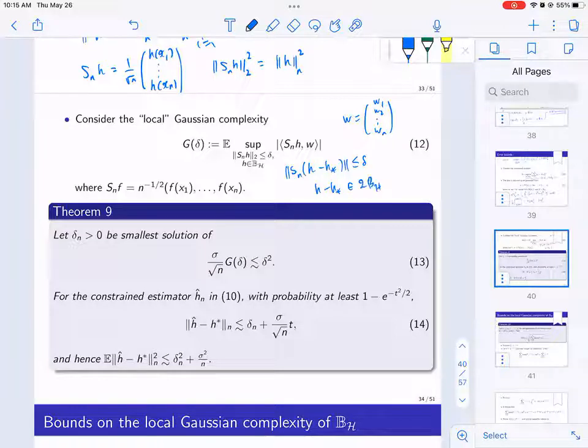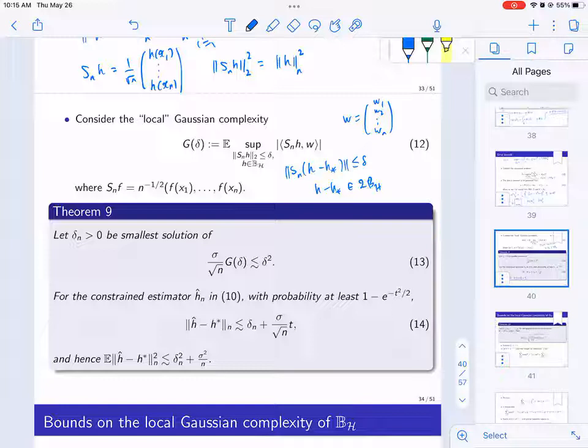If h is in the Hilbert ball, because h star is in the Hilbert ball, this would be in twice this. So basically what we're doing is controlling these deviations. That's what I want to do, but it's easier to write everything as this.